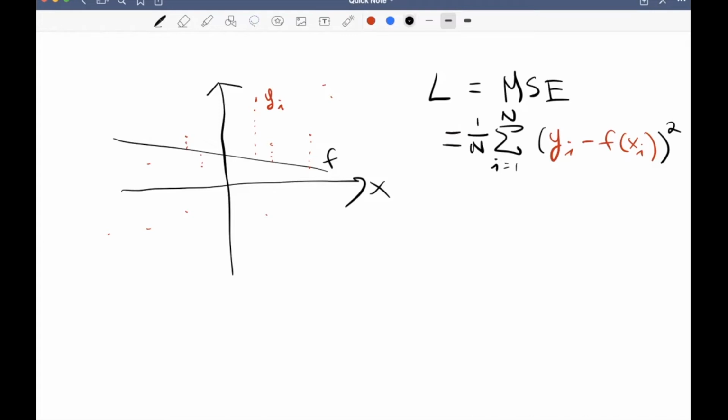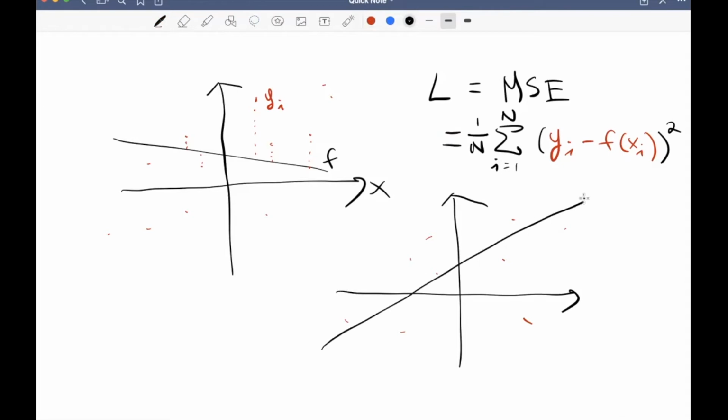So you'll see that this is a pretty bad model, but if we had something that fit the data better, where the dots are closer to the line, then obviously our mean squared error is going to be a lot less.